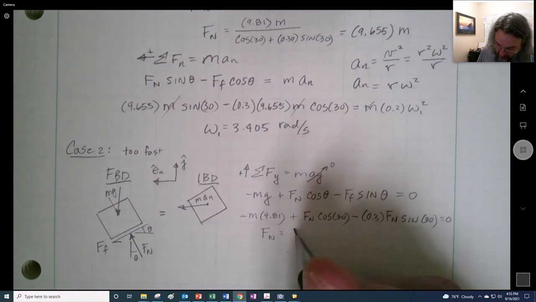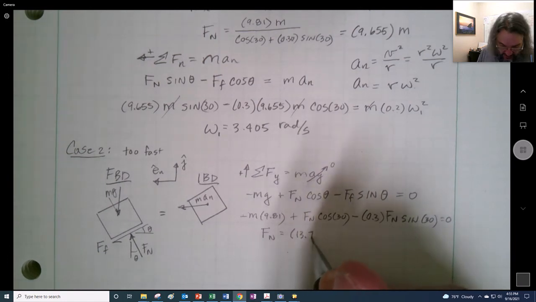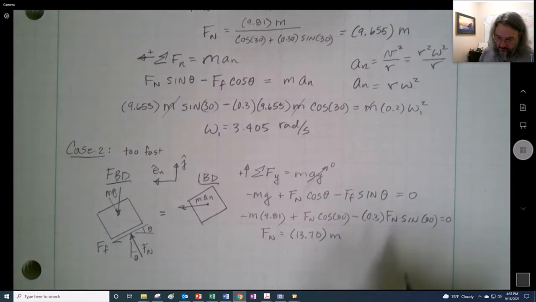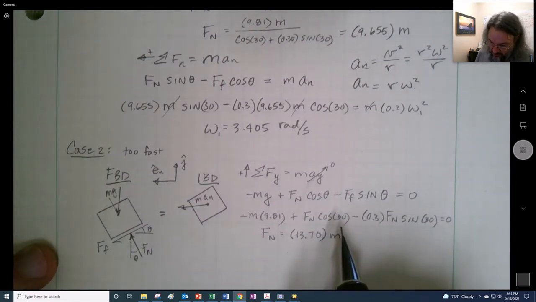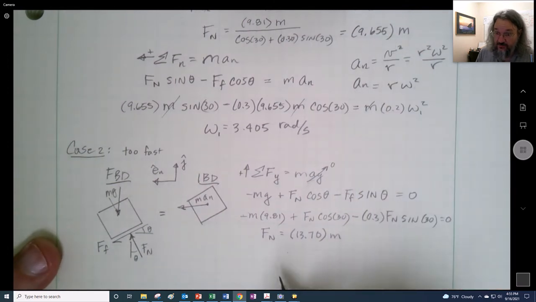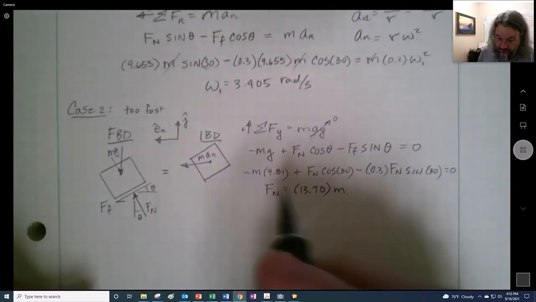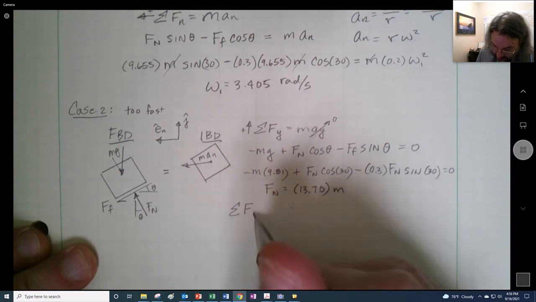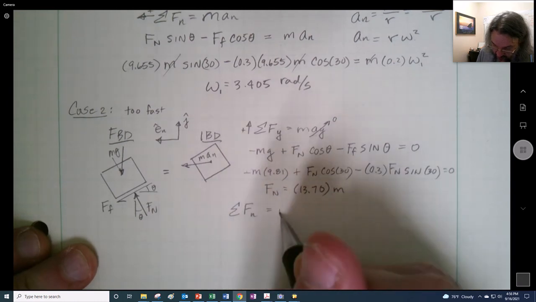And we end up getting 13.70 times m. Before, what did we get? We got 9.655. Now we get 13.7. That's the real difference.